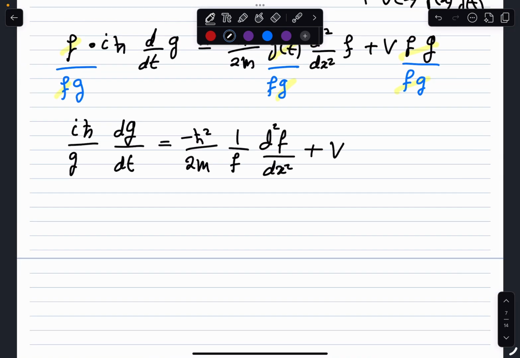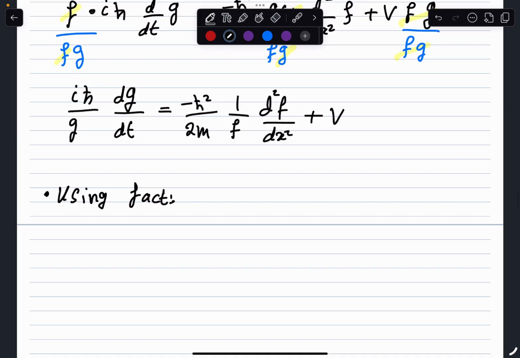Now we have two expressions. One expression depends totally on t, and the other depends totally on x. Again, it is exactly like the example, and by the way, most separation of variables methods use this same procedure.